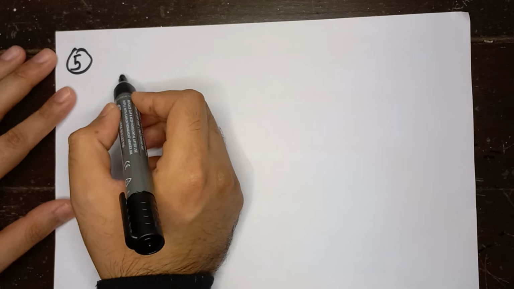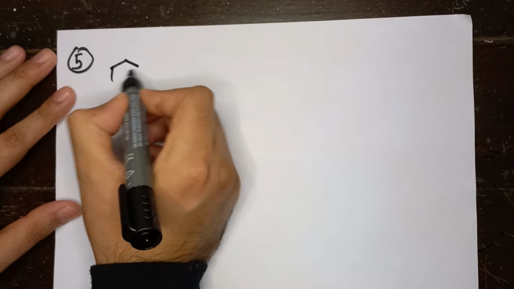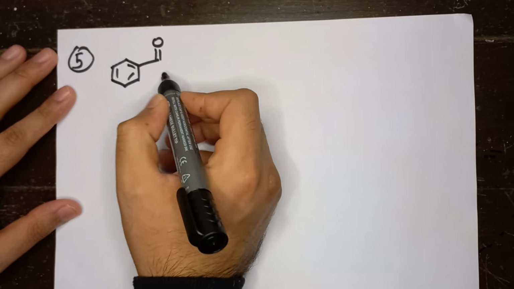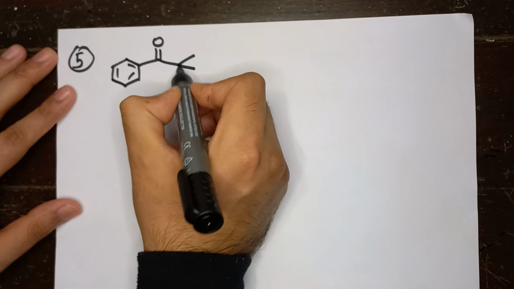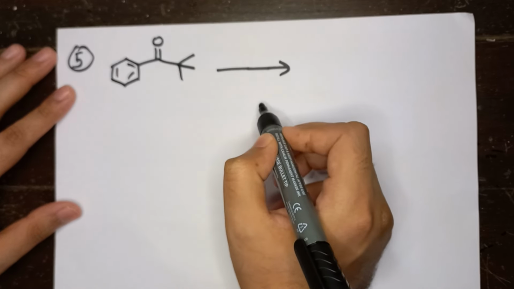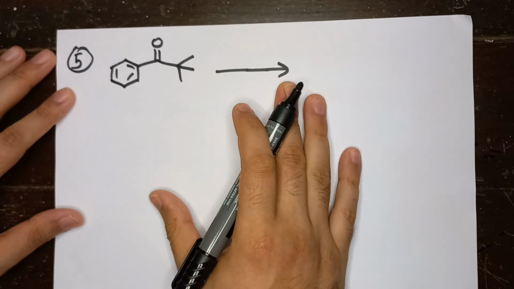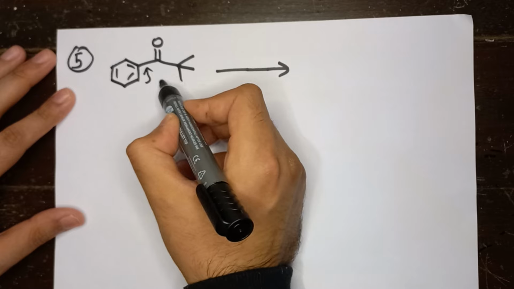Okay, try this one. Let's say this time I have a benzene, a carbonyl system, but instead of methyl I have tertiary butyl, and I do Baeyer Villiger oxidation. Will my oxygen go from here or here?